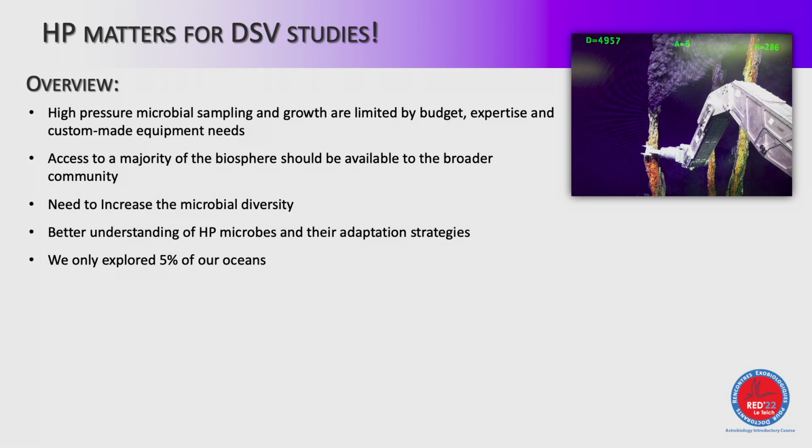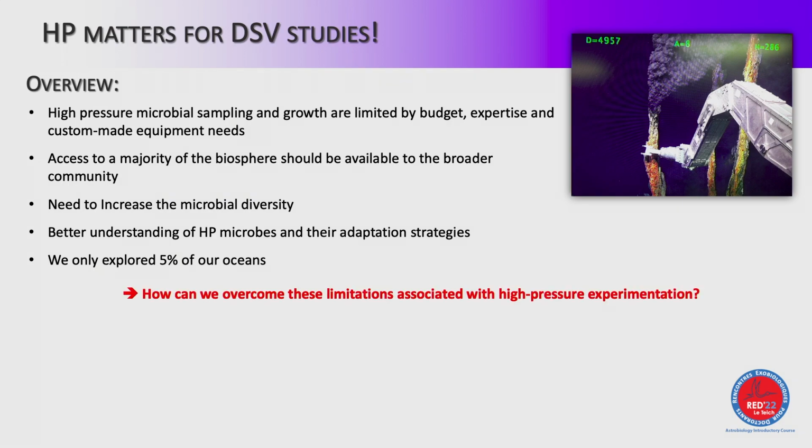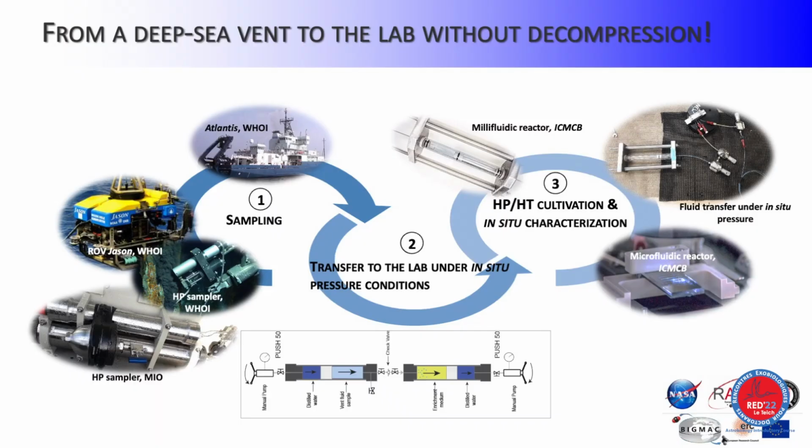So how can we overcome these limitations? We have different strategies going on. Example of what we can do: as I mentioned, we are able so far to sample deep sea samples without any decompression and transfer them to the lab without any decompression.